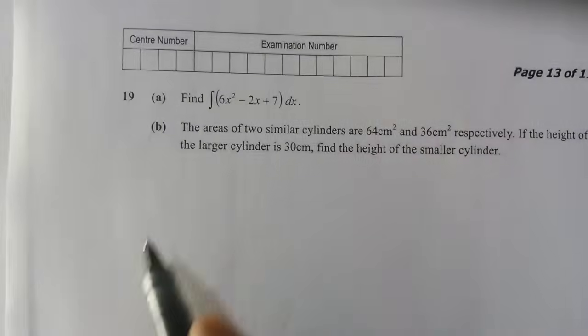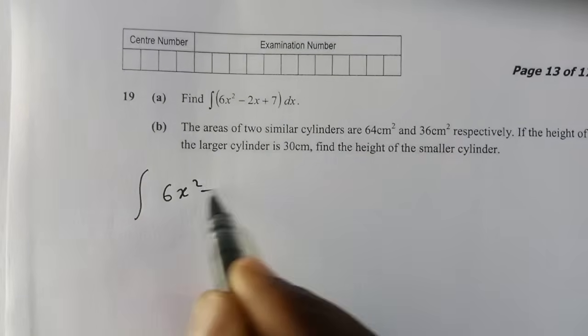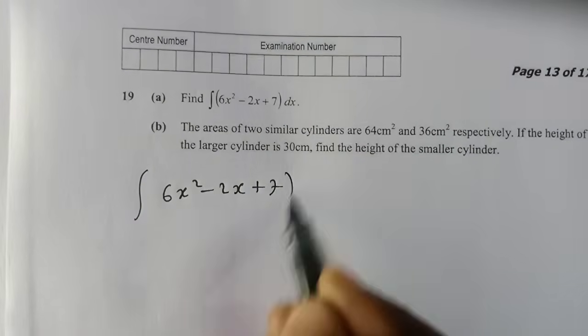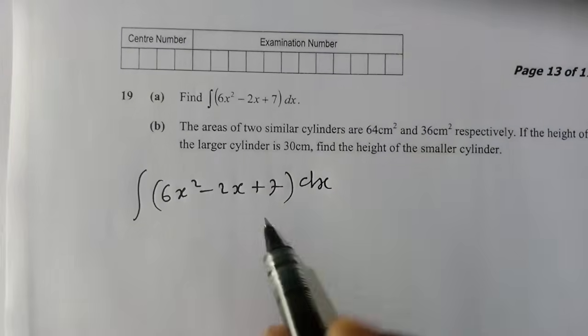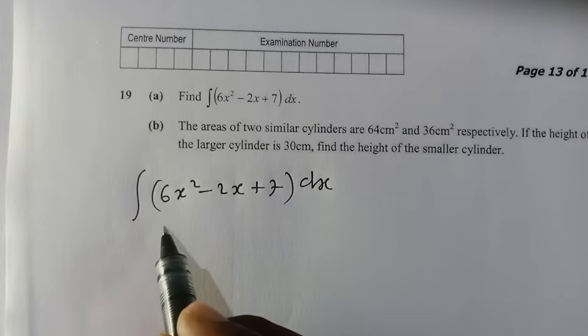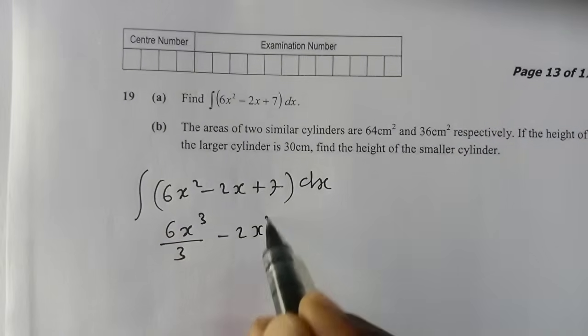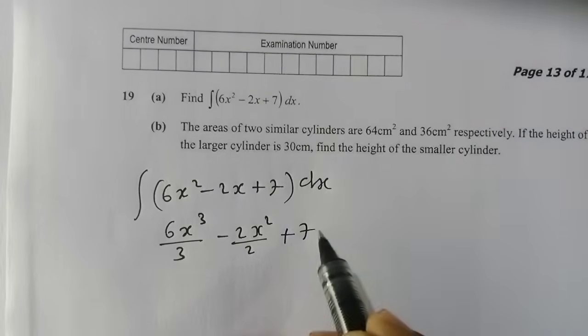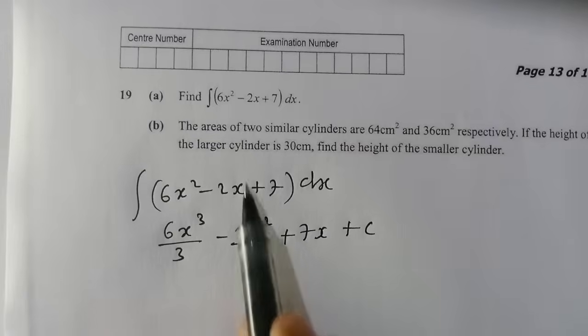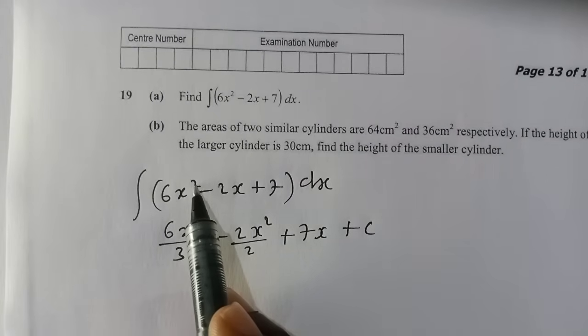They want us to integrate this. So this is how it looks. Okay, so to integrate this will just be like this. What I did here was just to add 1 to this power. There's 2, so 2 plus 1 is 3.